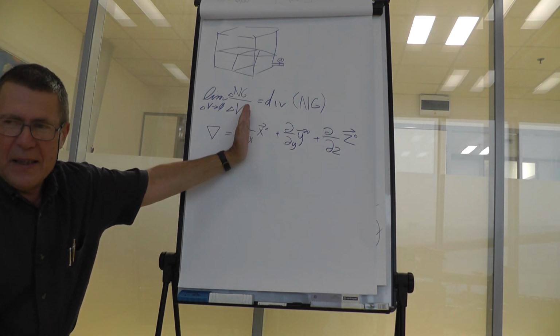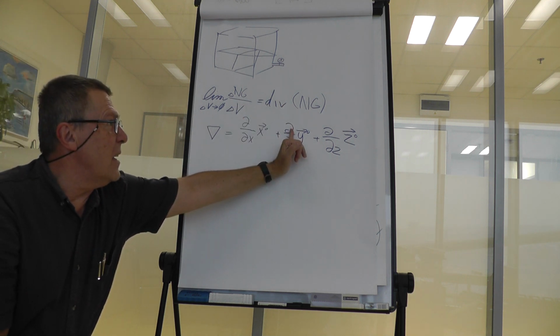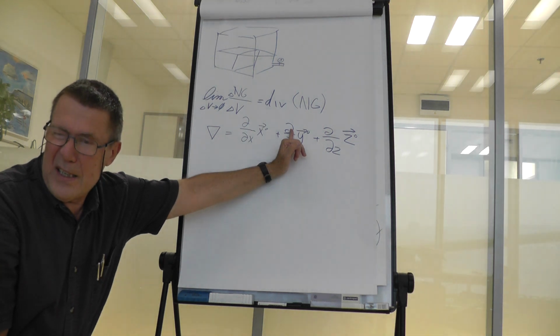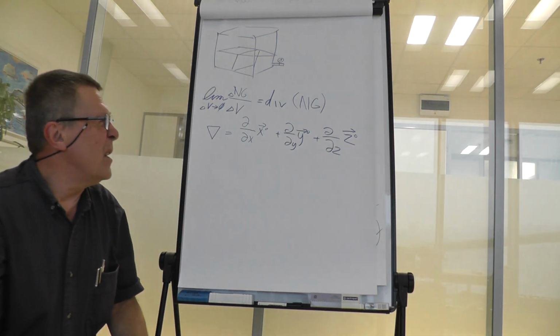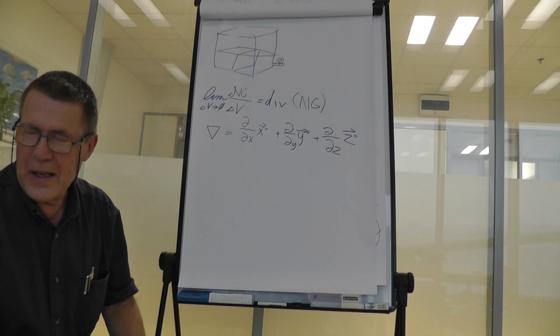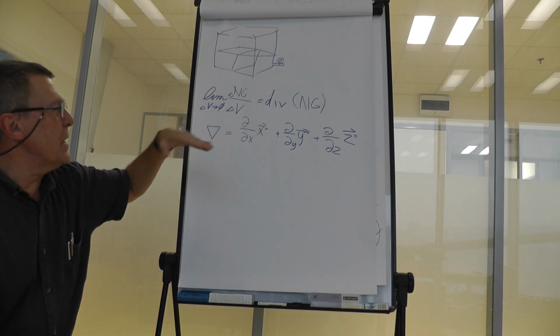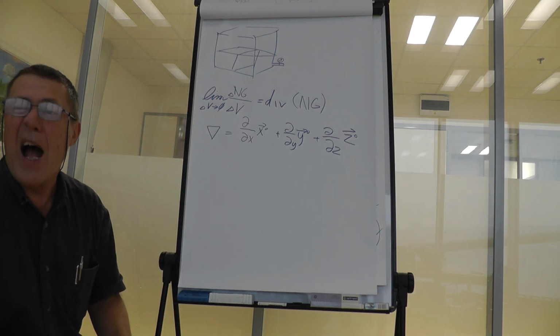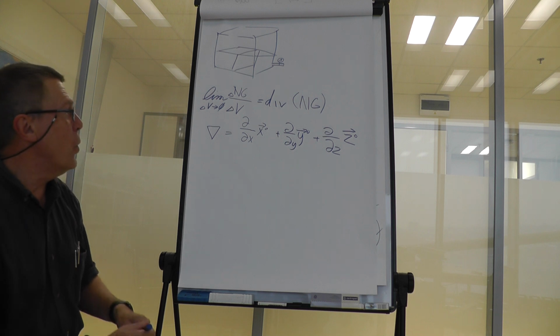The x component is the partial derivative against x. The y component is the partial derivative against y, and the component in the z direction is the partial derivative against the variable z.